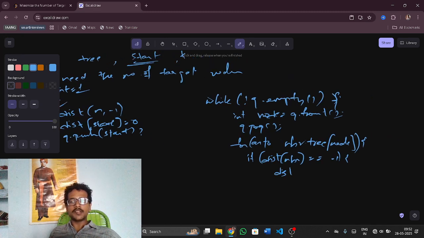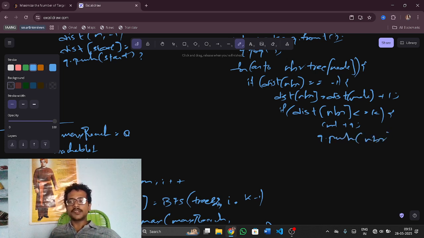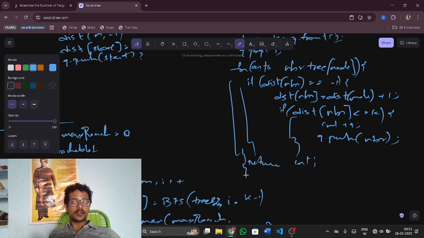So distance of neighbor is equal to distance of node plus 1. And if this distance of neighbor is less than or equal to k, then I'll increment the count and push this into the queue. So this is how we'll solve this problem, and at the end we'll return the count of the number of target nodes.